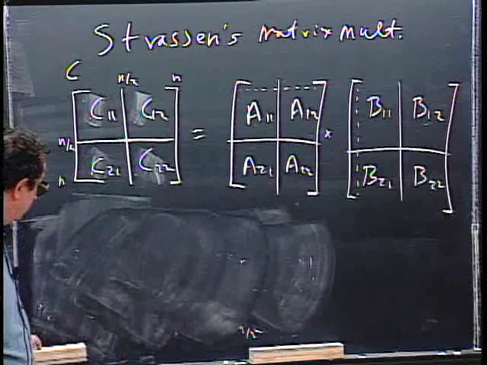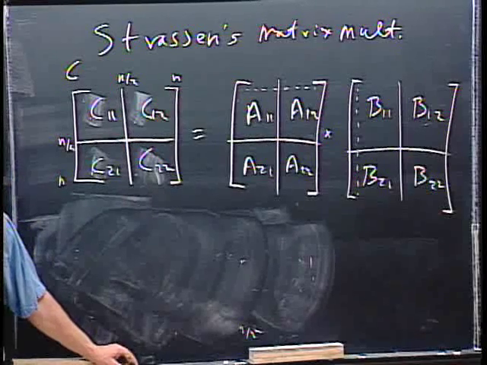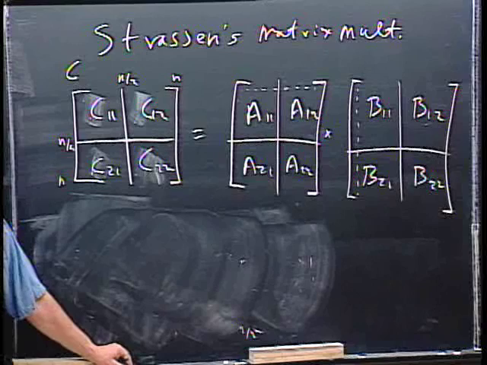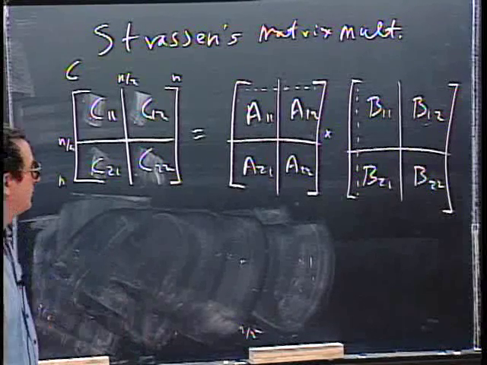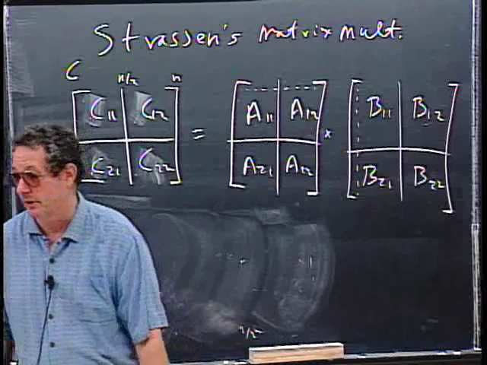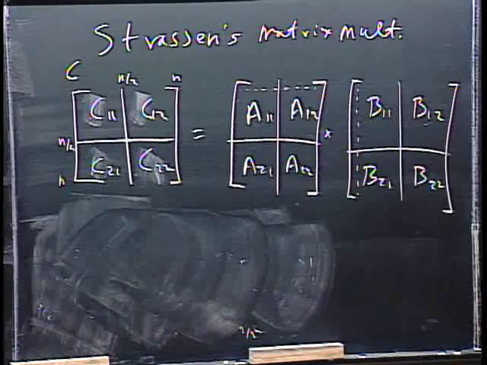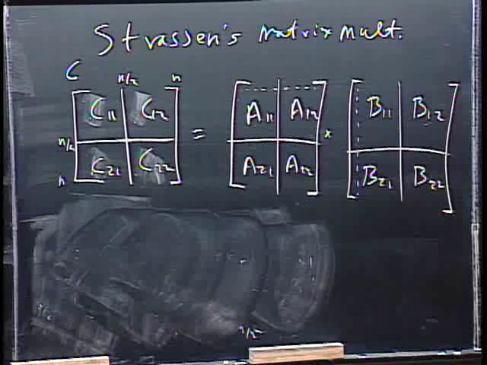Now, how many scalar multiplications does this approach take? How many multiplications of individual numbers are implied by this kind of recursive divide and conquer? So we'll set up the analysis by recurrence relations, which is something we've become comfortable with.